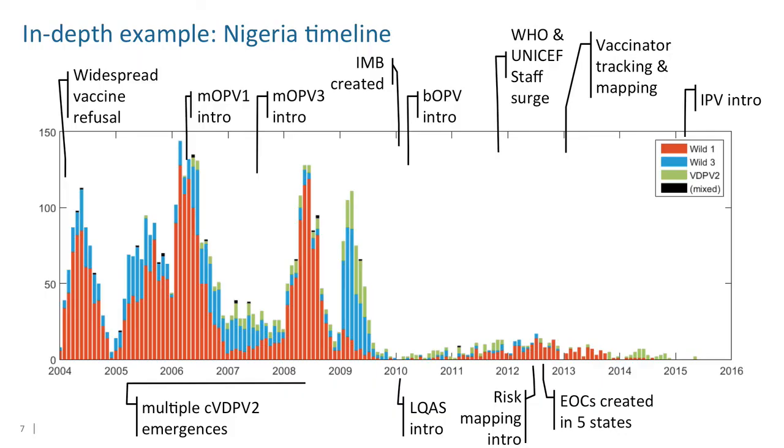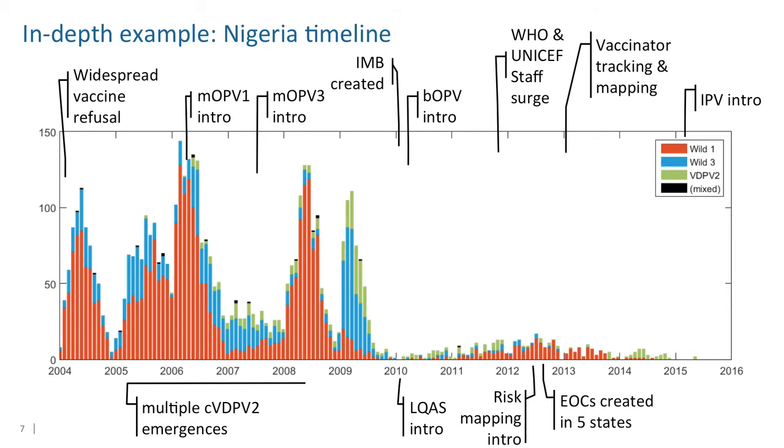I want to give an example of a single country to give a little bit more detail about how complex the situation can be. This is the timeline of reported polio cases in Nigeria from 2004 until now.